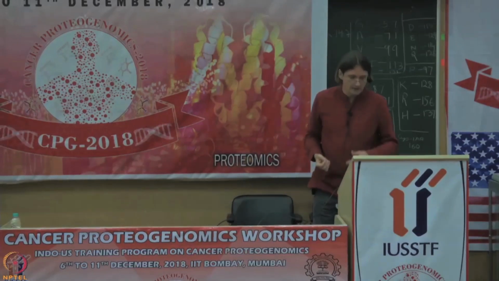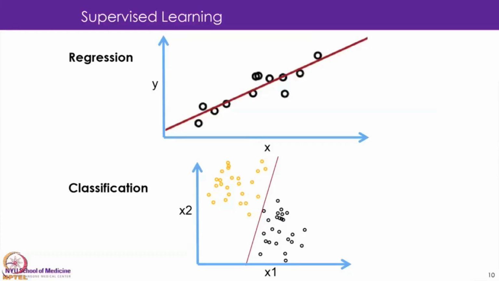And in classification, we try to find the boundary between two classes. In this case, there are two measurements. x1 would be, let's say, the level of one protein, and x2 the level of another protein. The yellow circles could be patients that have long survival, and the black ones patients that have short survival.